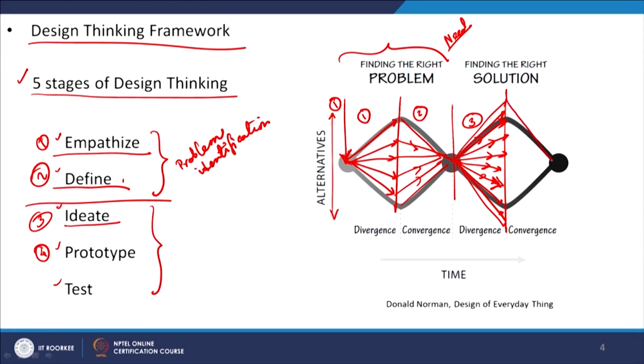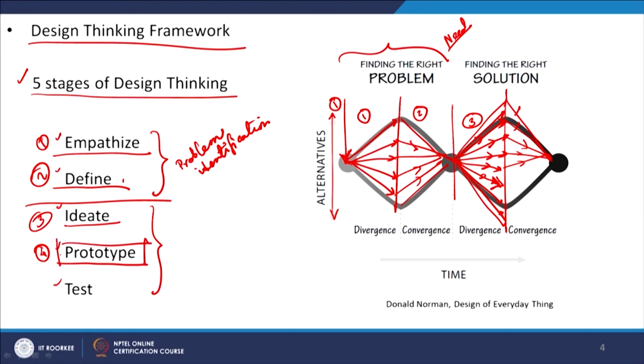Then they start narrowing down and select a few options which can be manufactured or implemented. Implementable ideas get selected. So again they start converging into a particular point, and a few of the ideas get deleted. So this is the prototype stage.